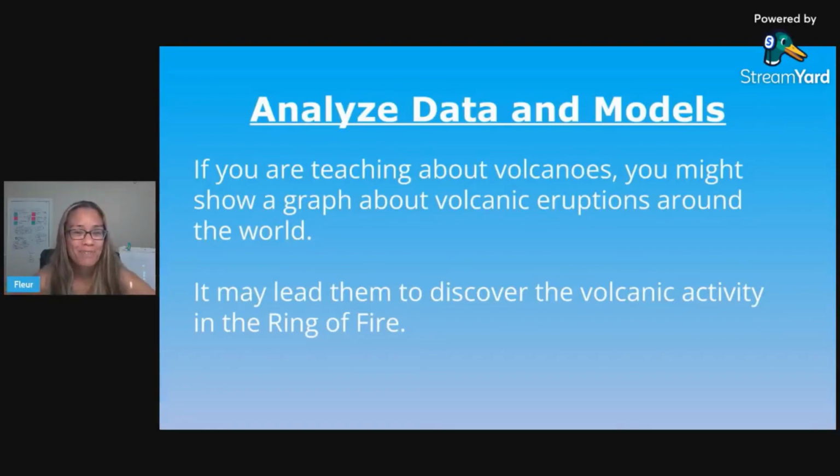An example is, let's say you're teaching about volcanoes. You could show a graph about volcanic eruptions around the world, or a diagram showing where these volcanic eruptions mostly happen. This could lead to them discovering the volcanic activity in the Ring of Fire, which you'll later use in your explain.